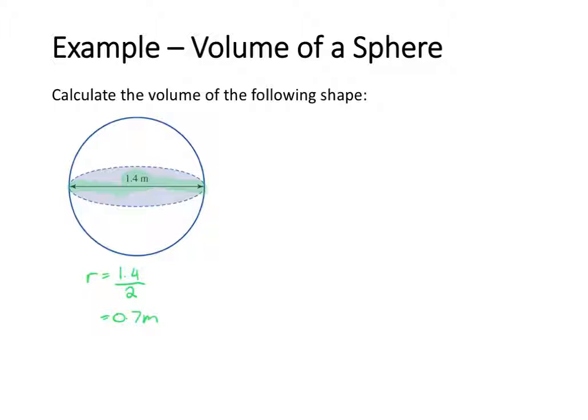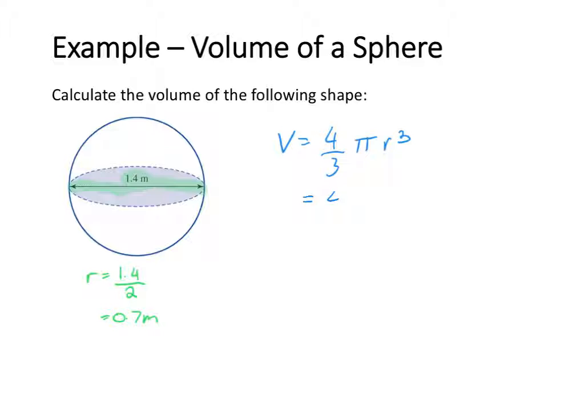But now that I have the radius, I can go ahead and calculate the volume of that sphere using the formula. The first step is going to be write down the formula. So volume is equal to 4/3 times pi r cubed. And remember that is cubed and not squared. The next step is to substitute in our value for radius, which is 0.7.